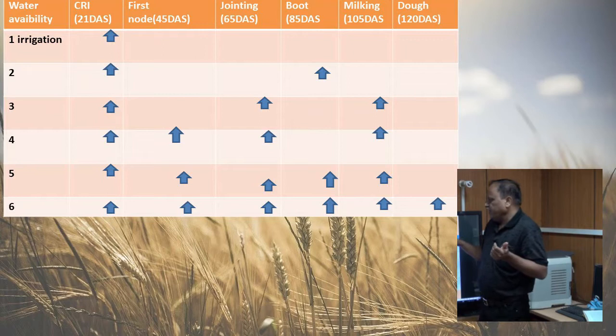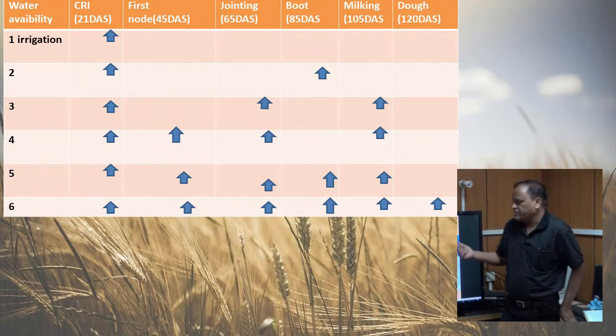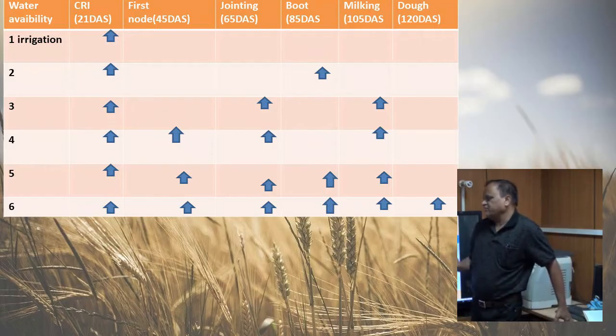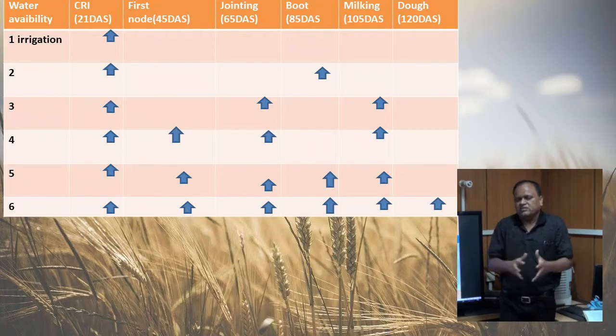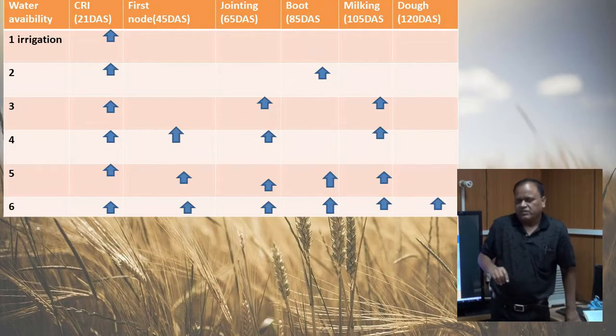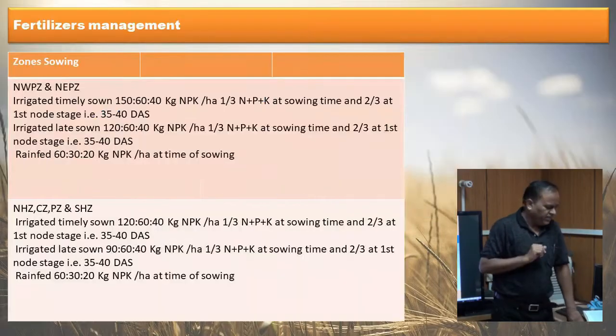If only one irrigation is available and you miss the CRI stage and apply it 30 days after sowing, then there will be a drastic reduction in the yield and there will be wastage of water. So it is very essential to know the stages in which water should be applied.